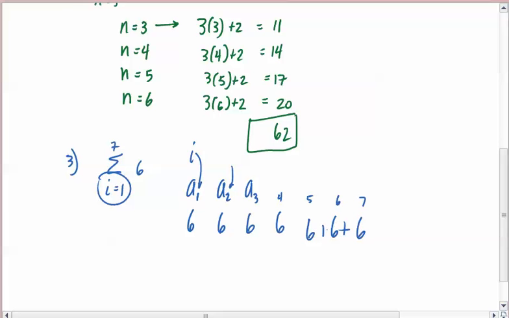So basically what they're wanting me to do is just add all those up, 7 of them. So I'm just adding 6 7 times, and we know that multiplication is repeated addition, so we're just going to get 42. So that's really interesting.